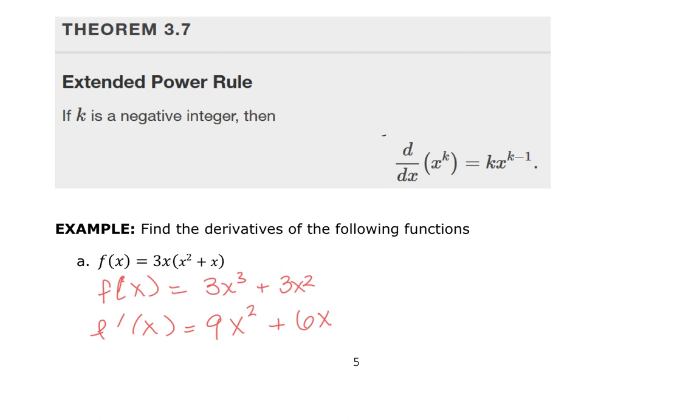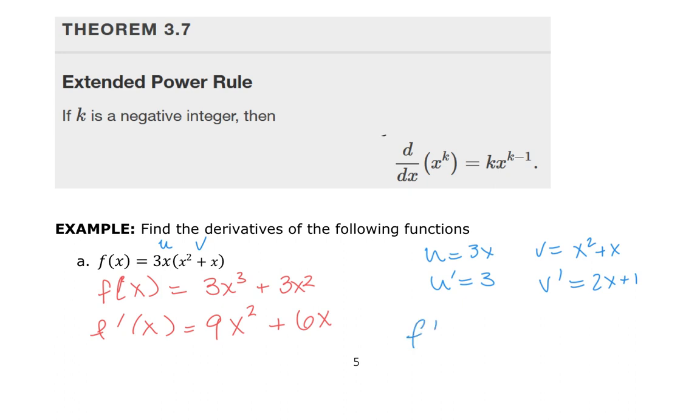Now, let's do the same thing, but let's do it with the product rule. I'm going to call this u, I'm going to call this v. And when I use the product rule, I usually go over to the side and say if u is 3x, then u prime is 3. If v is equal to x squared plus x, then v prime is going to be 2x plus 1.